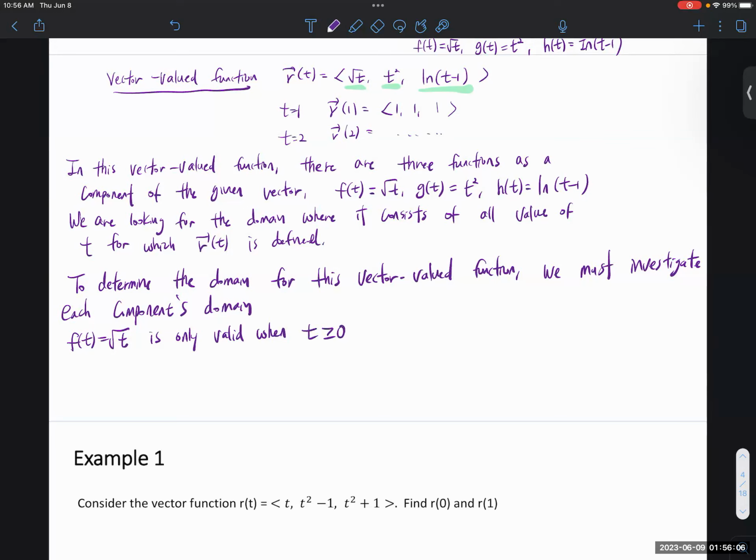So the limit as t gets close to 0 of sine t over t, you are going to take the derivative. So what is it? It is going to be d over dt of sine t over d over dt of t. So sine t, if you take the derivative, is cosine t, and t is going to be 1.